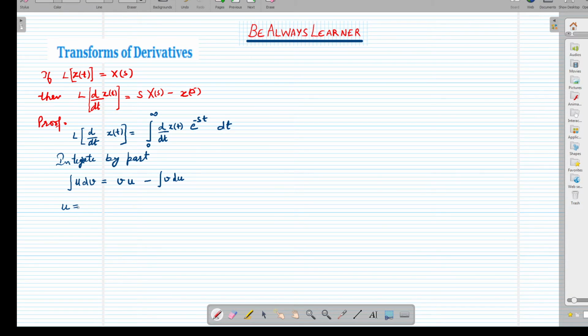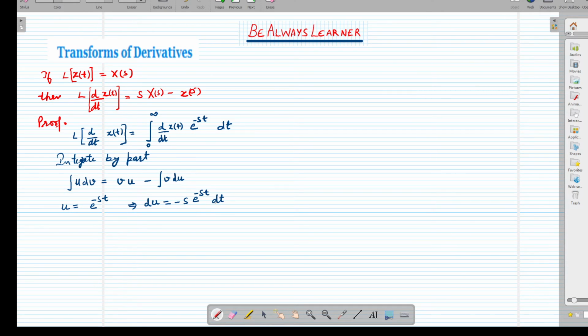In our case, u is e raised to the power minus st, and its derivative gives du, which is minus s e raised to the power minus st dt.